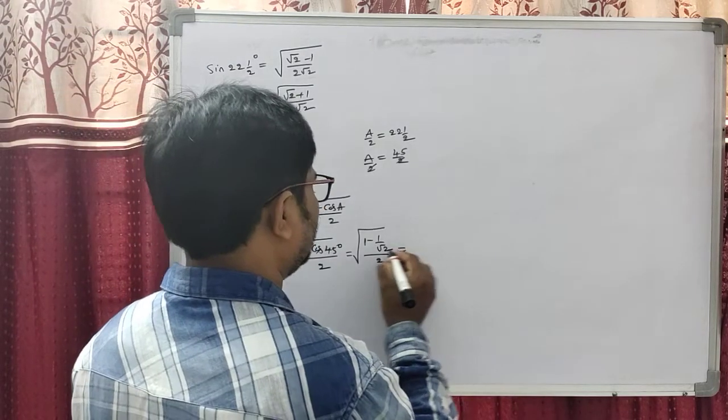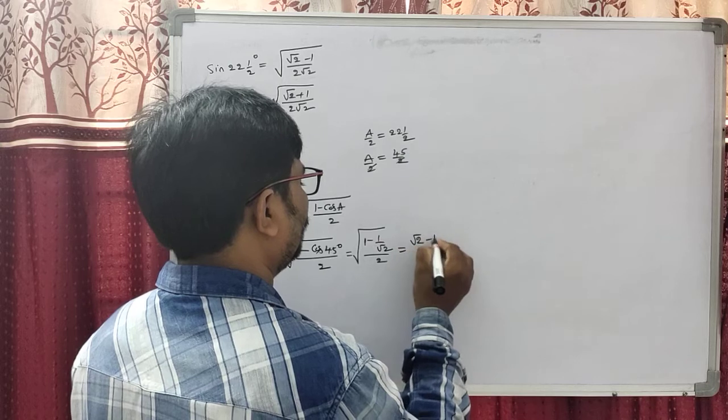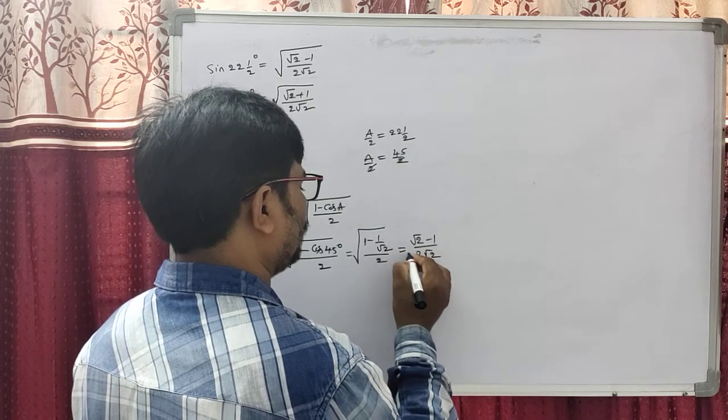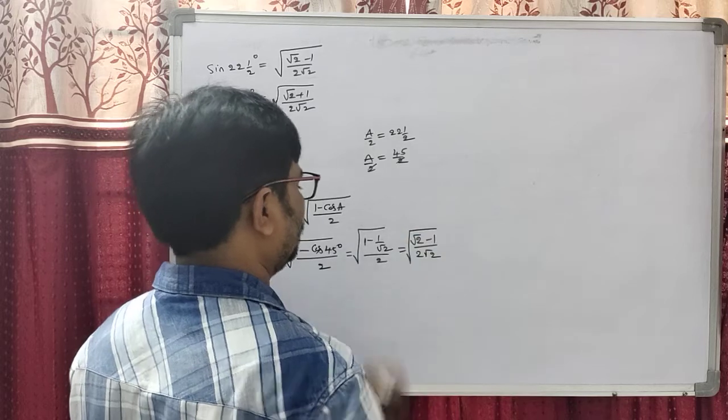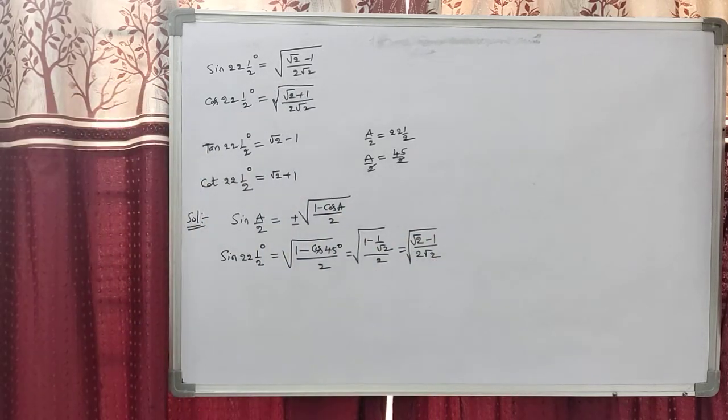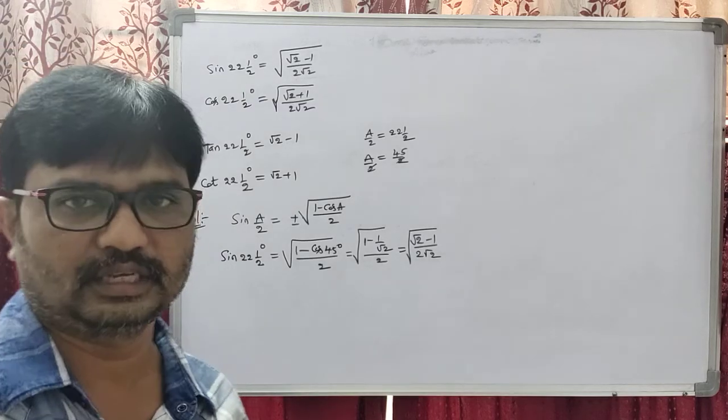We can write this as root of (root 2 minus 1)/(2 root 2). Okay students, root (root 2 minus 1)/(2 root 2) is the value of sin 22 and a half degrees.